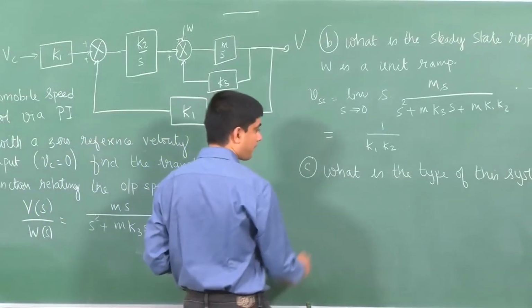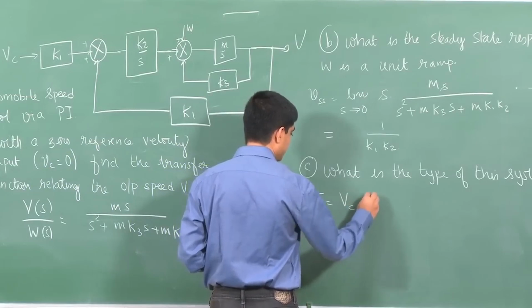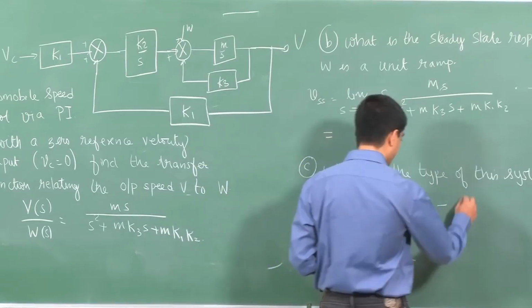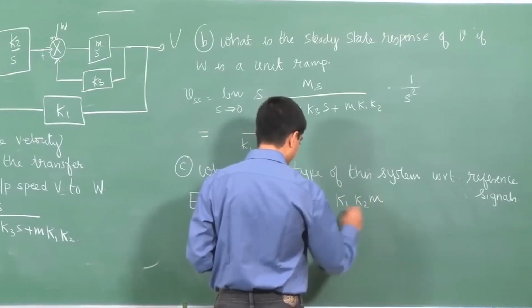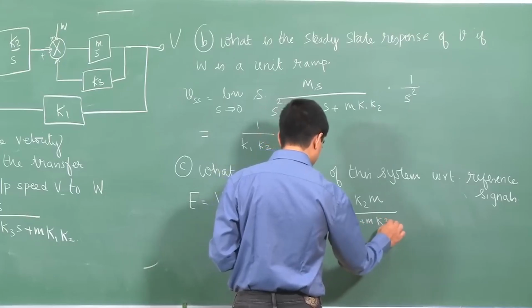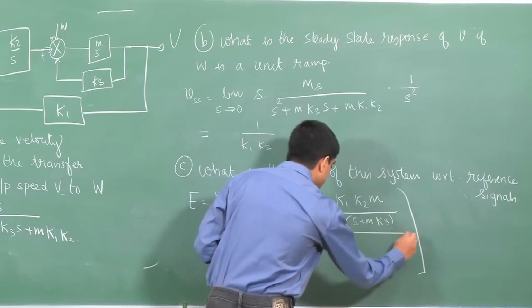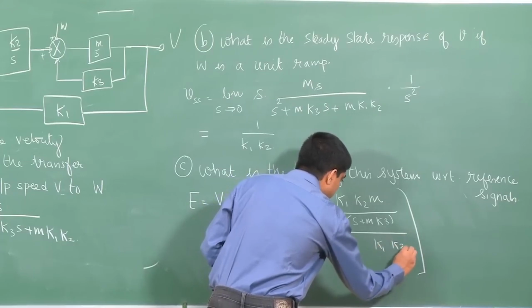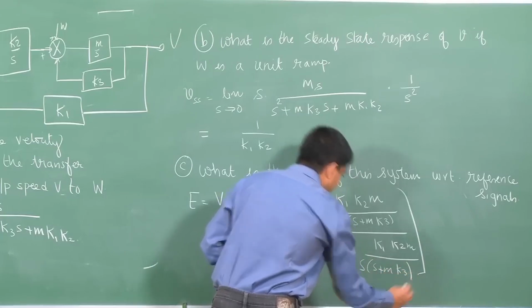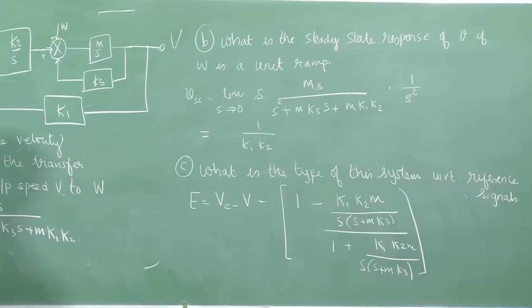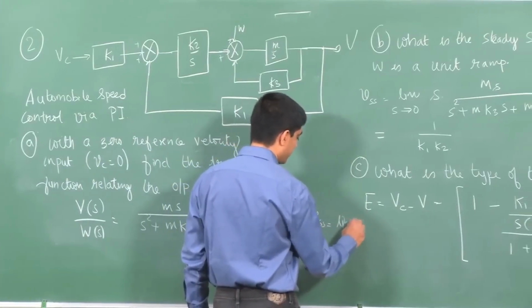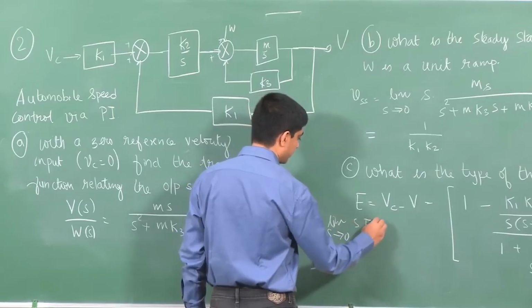Okay, so we look at it in terms of E is Vc minus V, which is 1 minus... and usually the way we compute the steady state error is through the final value theorem, limit s going to 0 of s times E of s.